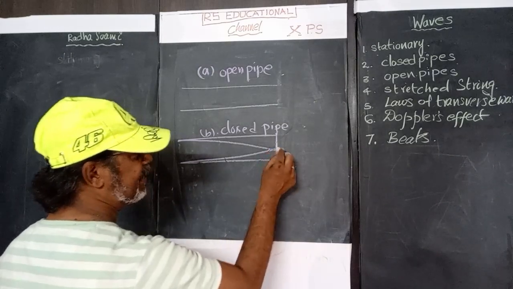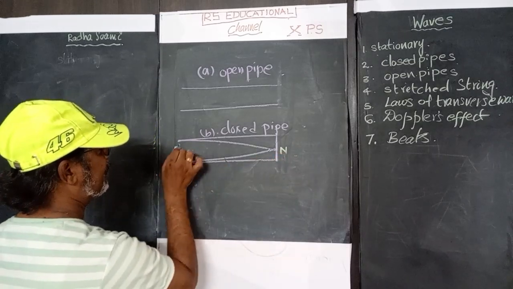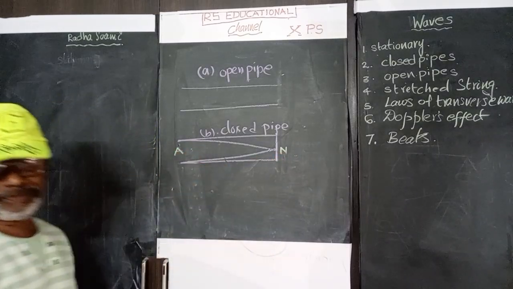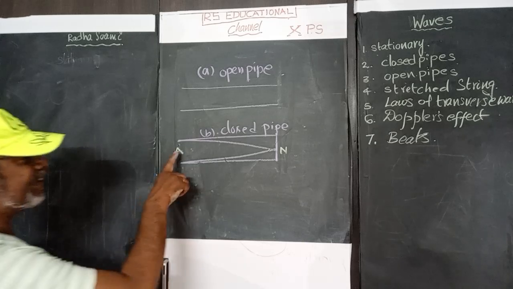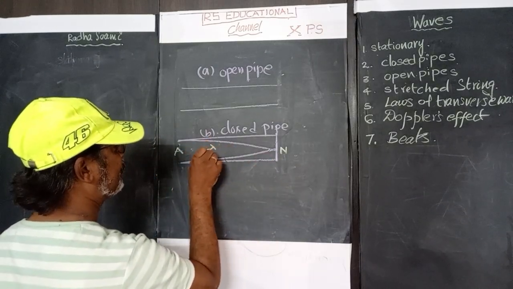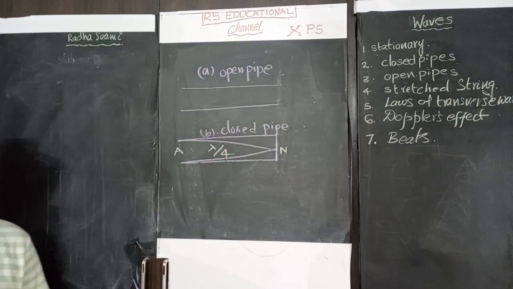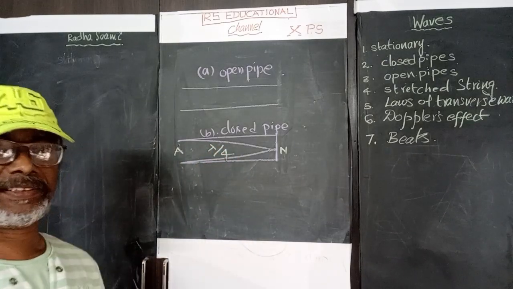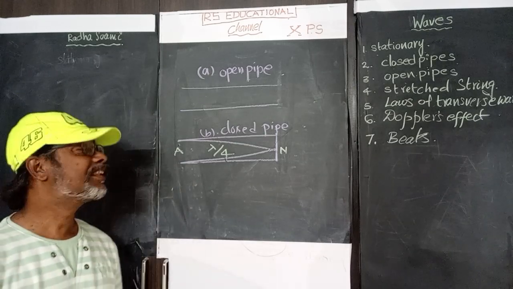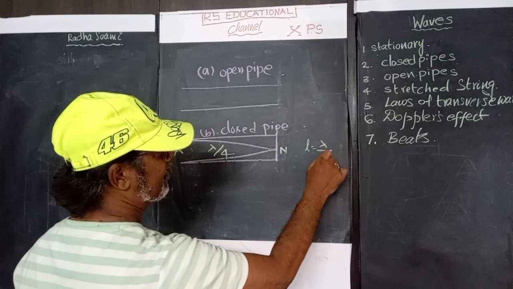One end is a node, the other end is an antinode. Since the distance between node and antinode is lambda by 4, in a closed pipe the length is L equal to lambda by 4.